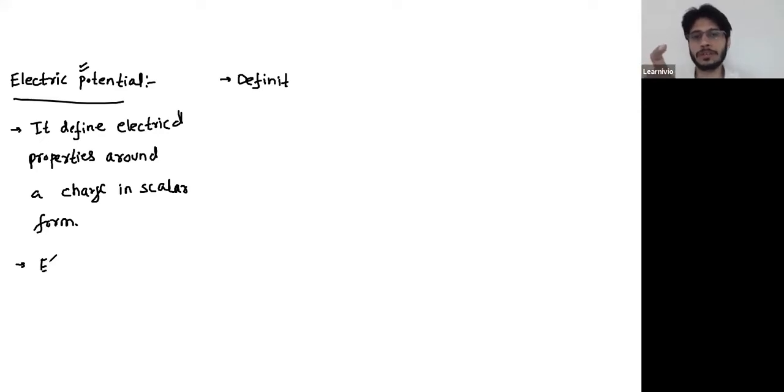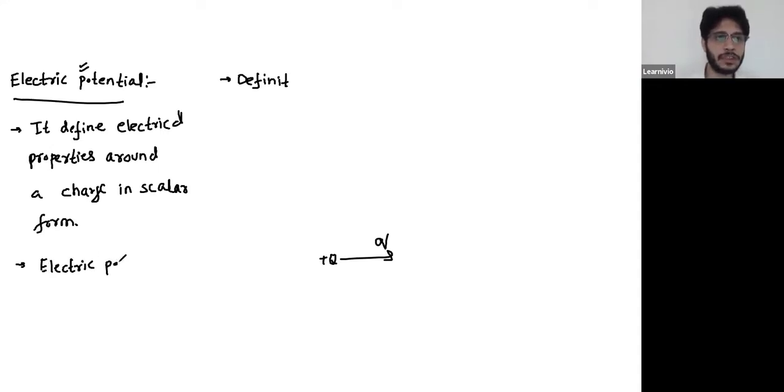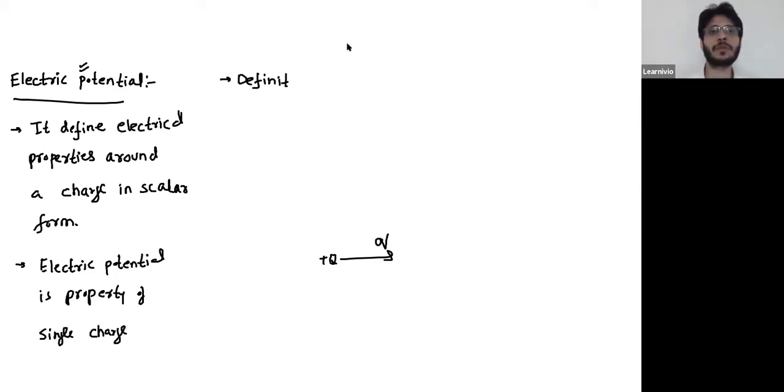Force is property of two charges. So if you have a single charge Q, it will generate its electric field. But to experience force, you need another charge. So electric field is property of single charge. Just like electric field, electric potential is property of single charge.